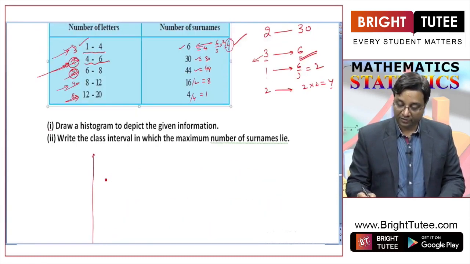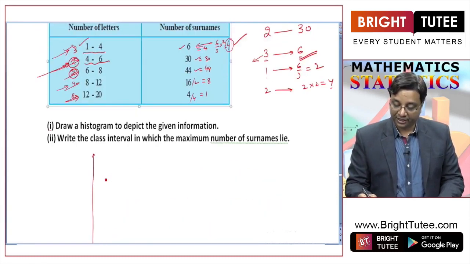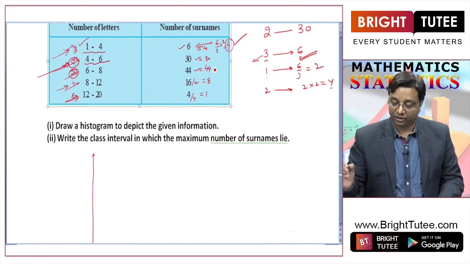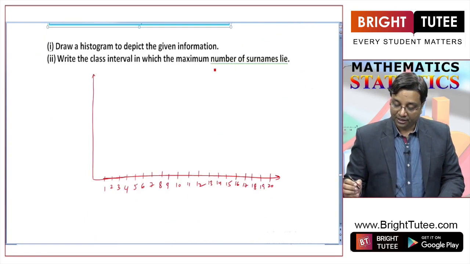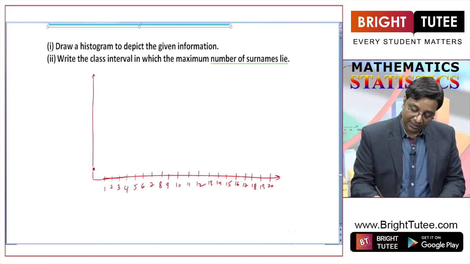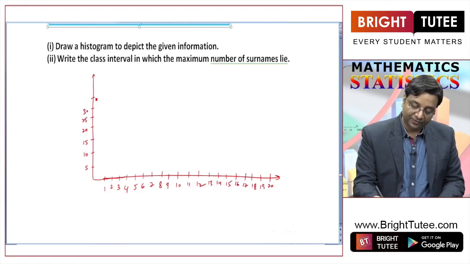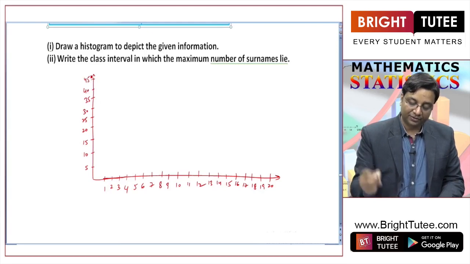So what I require on the vertical axis, I need to have these numbers, out of which 44 is the maximum number, right? So I'll take the numbers like this: 5, 10, 15, 20, 25, 30, 35, 40, and then 45.